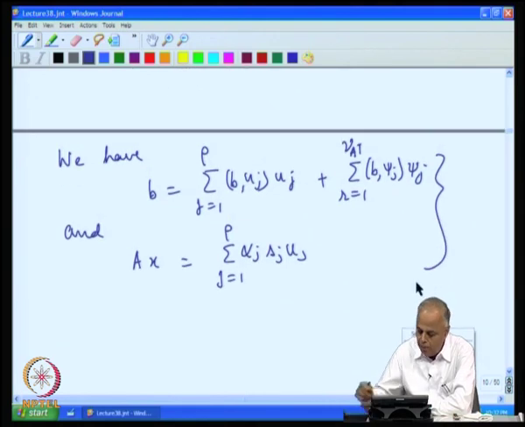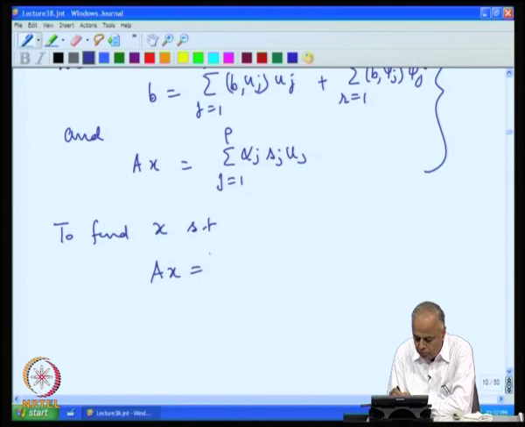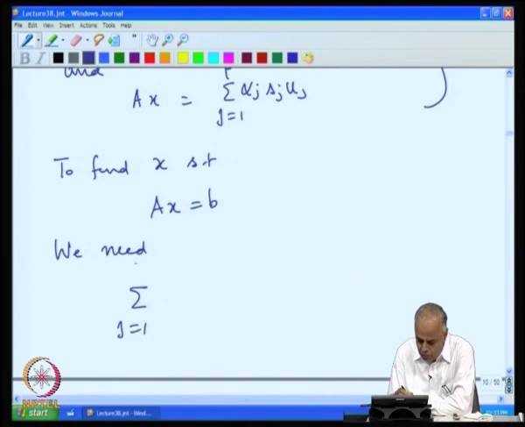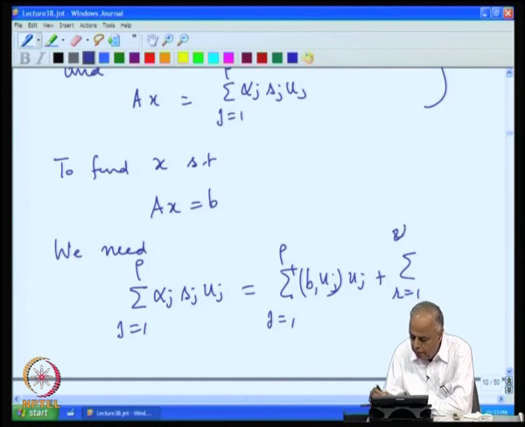Now, our problem is to find x such that A x equal to B. So, we need the sum over j equal to 1 to rho of alpha j S j u j to be equal to B, which is the sum over j equal to 1 to rho of B u j u j plus the sum over r equal to 1 to nu of a transpose B psi r psi r.